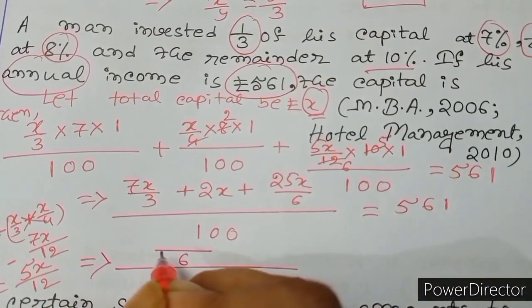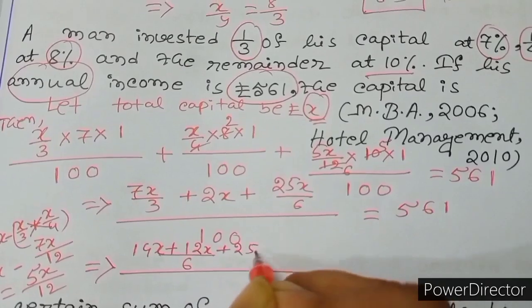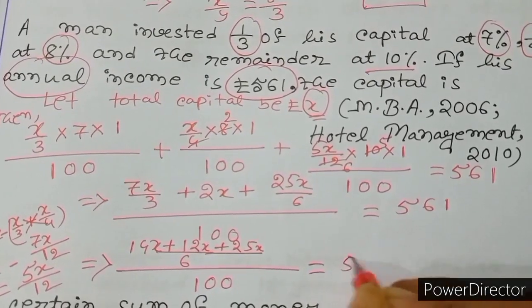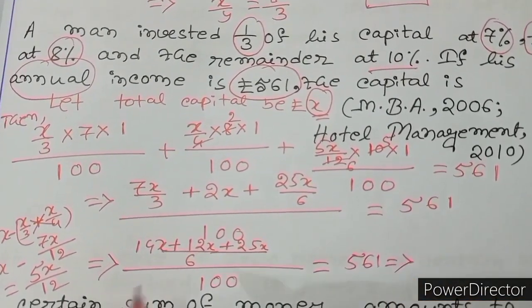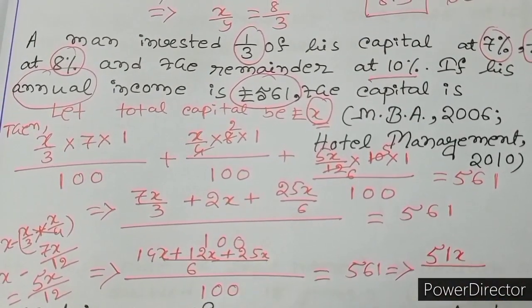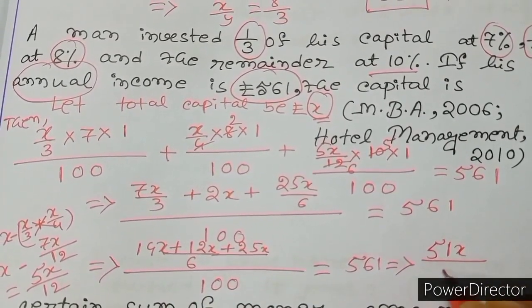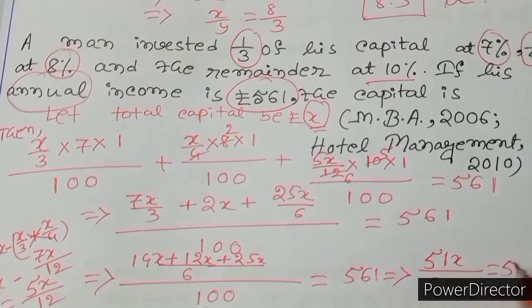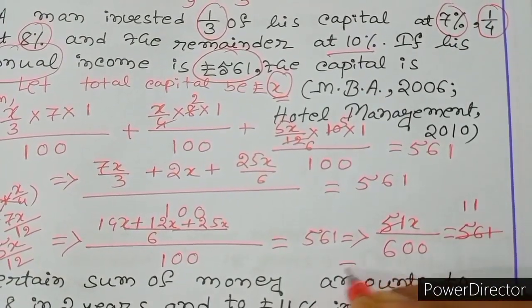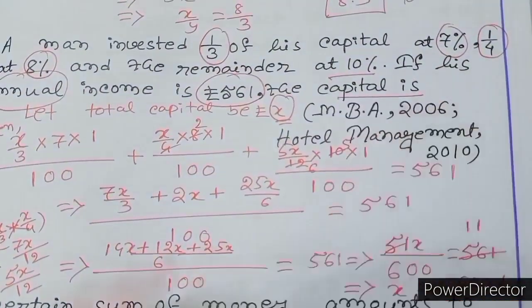Here LCM 6, 14x plus 12x plus 25x, whole divided by 100, equal to 561. 14x plus 12x plus 25x equal to 51x, and here 51x by 6. So 51x by 600 equal to 561. 51 and 11. So x equal to 6600. So the capital is 6600.